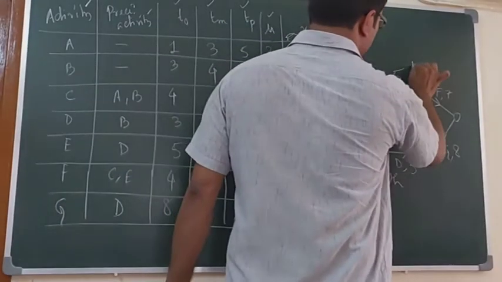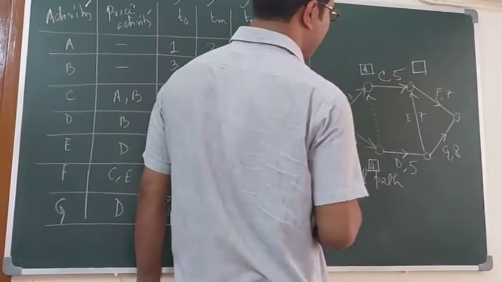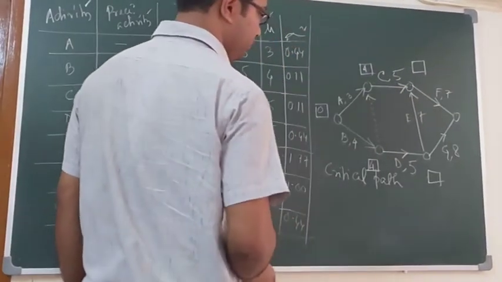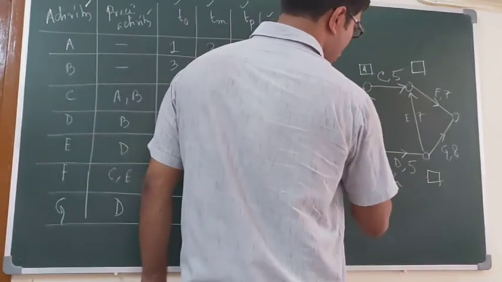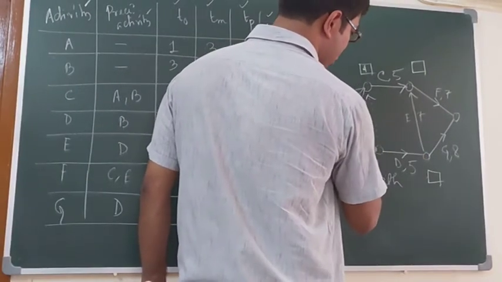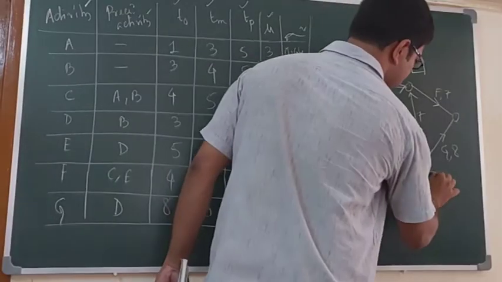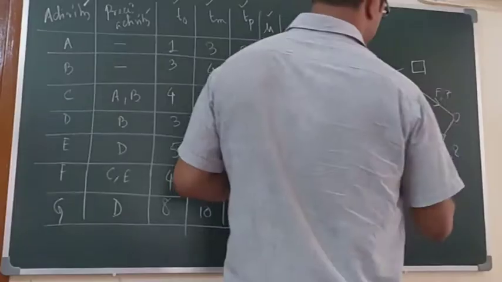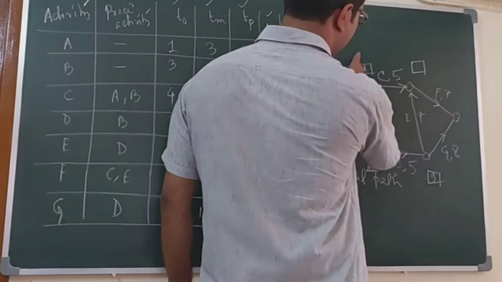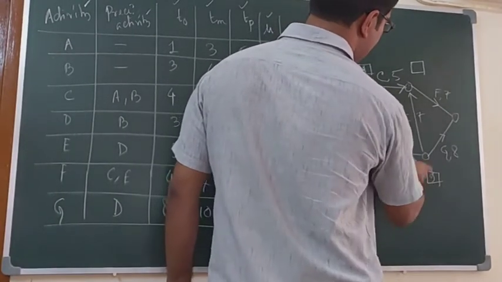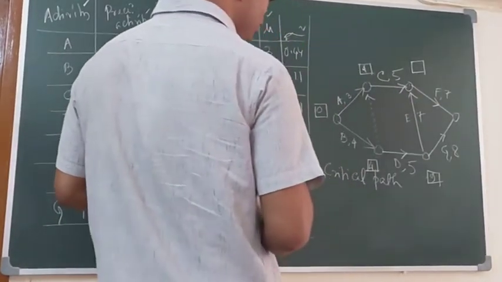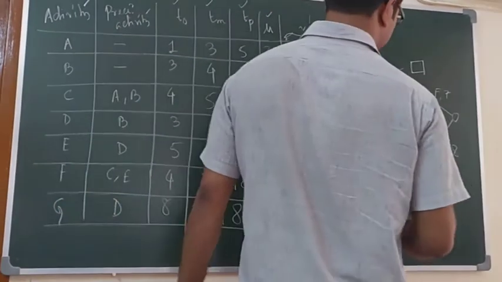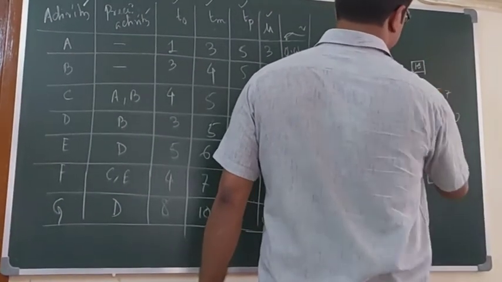Next, the value at this point: 4 plus 5, that is 9. And for this one, 9 plus 7 is the maximum, so the value is 16.